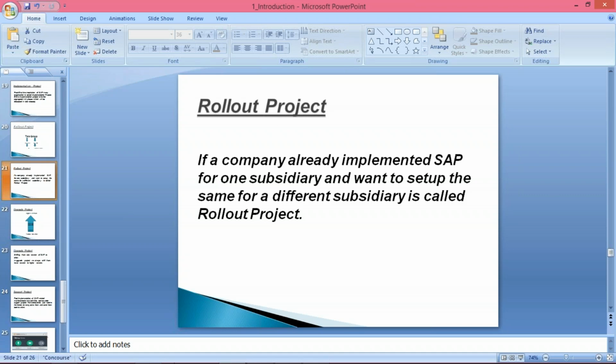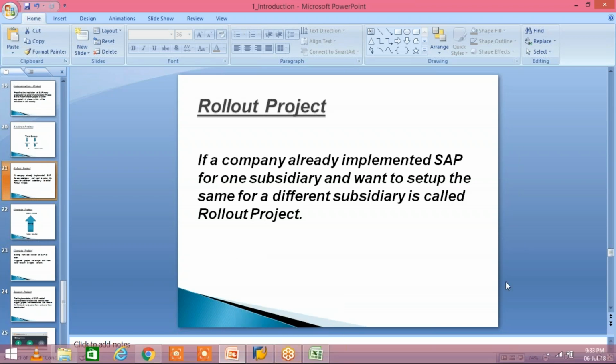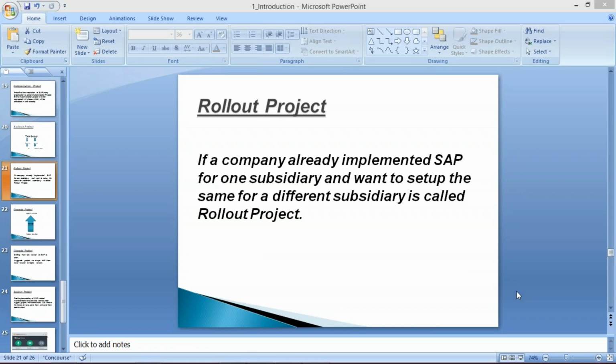During implementation, let's suppose you have to perform 100% of the activities; during rollout we are going to perform only 70% or 60% of the activities.